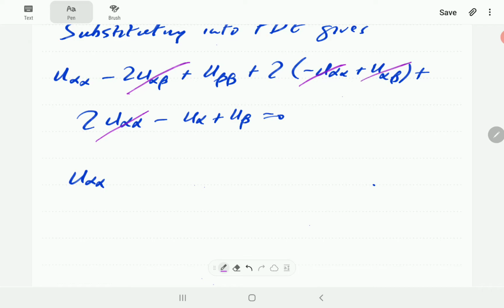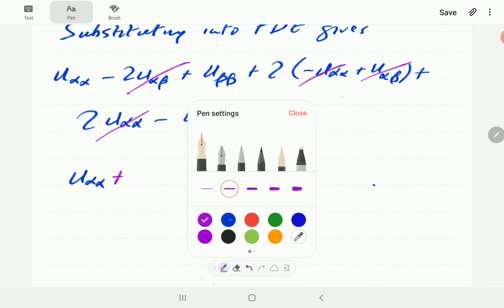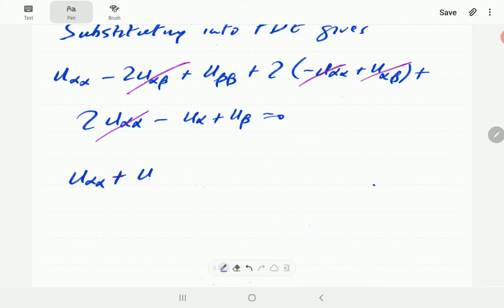And then u beta is just that one there. So u beta, and then the first order derivative terms are just going to remain as they are.